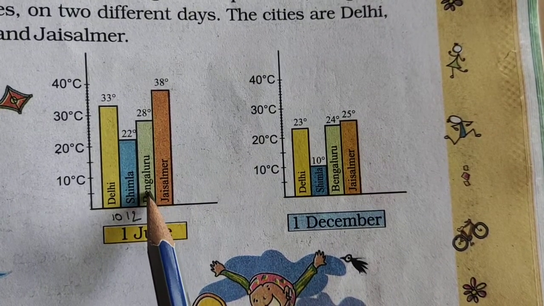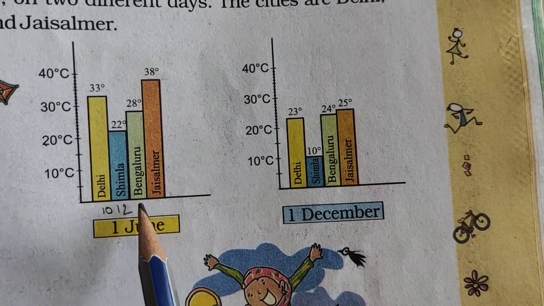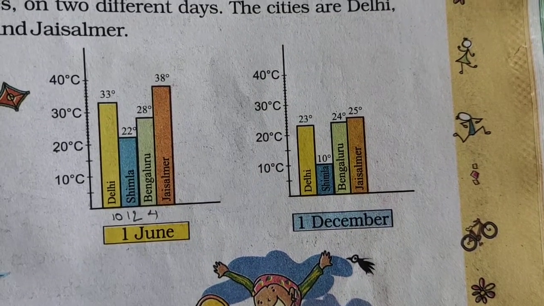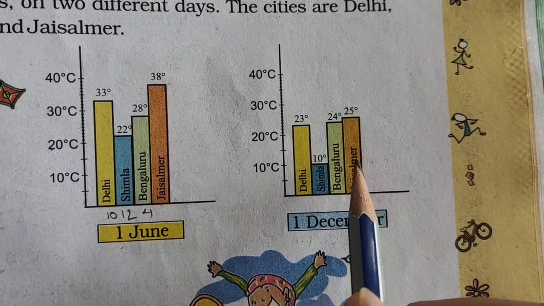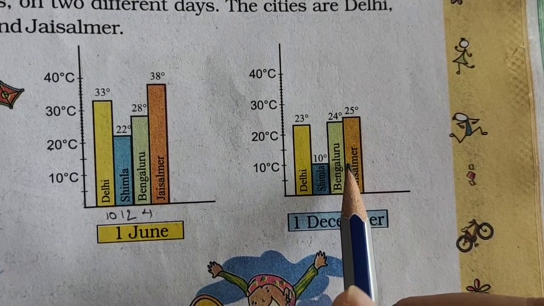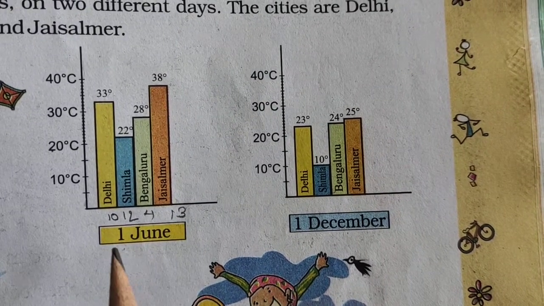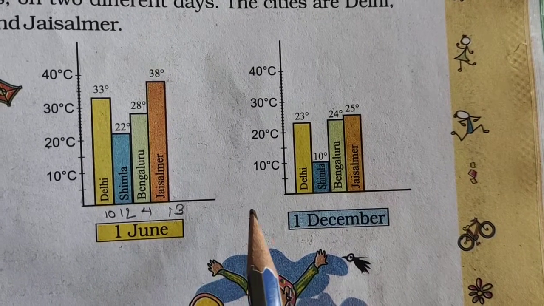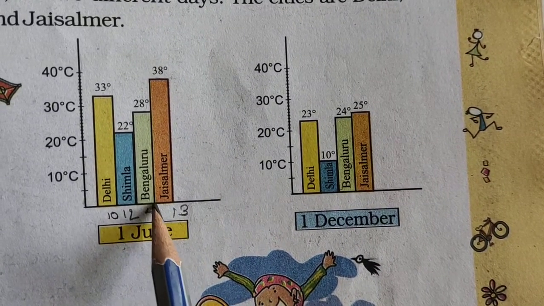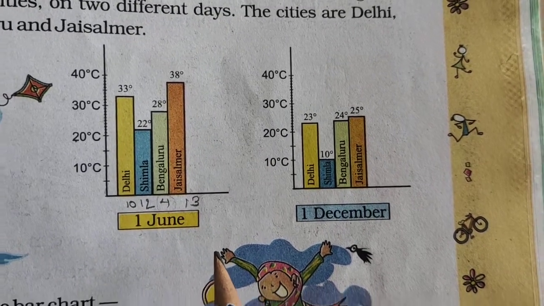Bangalore 1st June 28, 1st December 24, so a 4 degrees Celsius difference is there, okay. Jaisalmer 38 and 25, so a 13 degrees difference is there. So which city has the least difference? The least difference is of Bangalore, which is only 4 degrees Celsius.